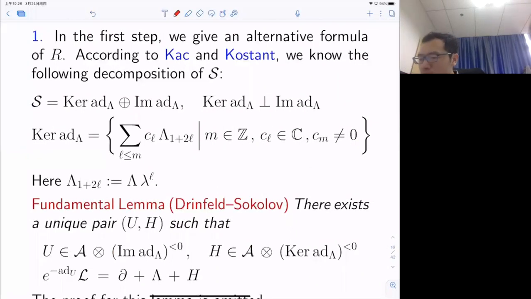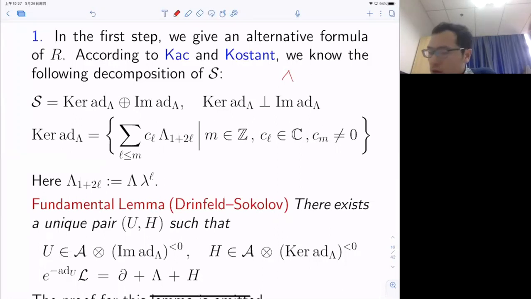Now in the first step, we will give an alternative formula for the matrix resolvent. According to Victor Kac and Kostant, because this lambda is a cyclic element and satisfies the condition, this vector space S can be decomposed into the kernel of ad lambda direct sum with the image of ad lambda.